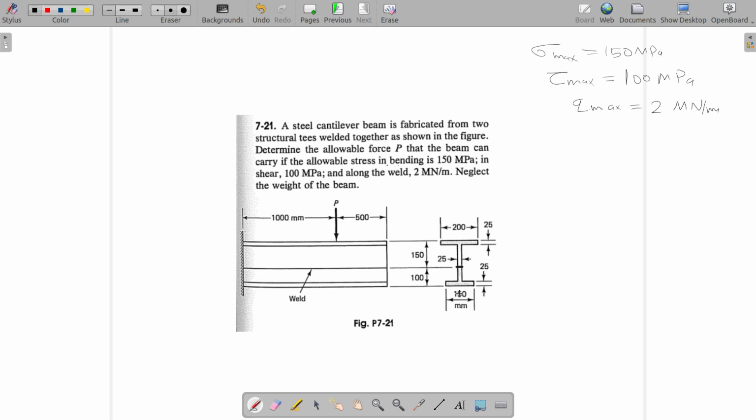So starting with sigma max, the magnitude of bending stress. This is downwards, it will cause negative moment, and you will have tensile stress at the top and compressive stress at the bottom.